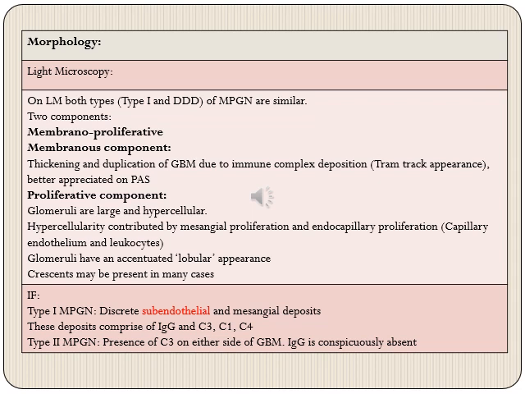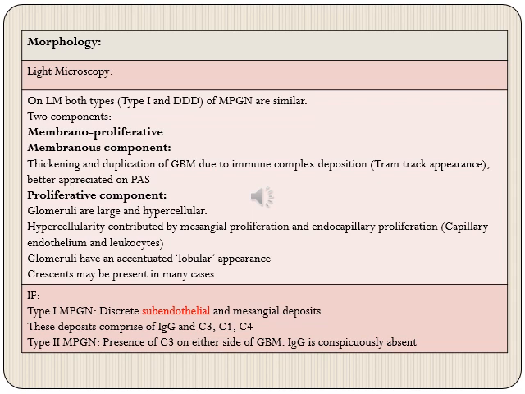So this is the only one which has subendothelial deposits along with mesangial deposits, and these deposits comprise IgG, C3, C1 and C4. So both pathways of complement are involved, the classical pathway and the alternate pathway.